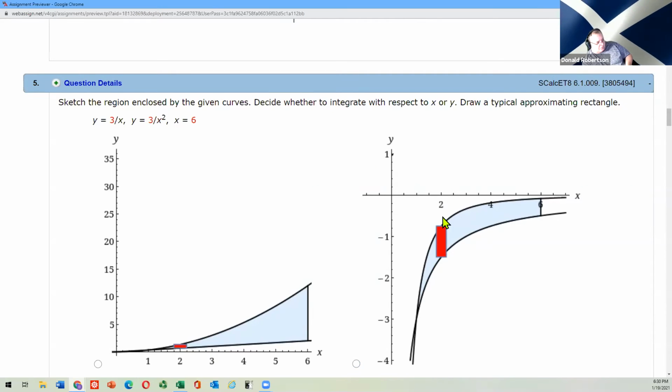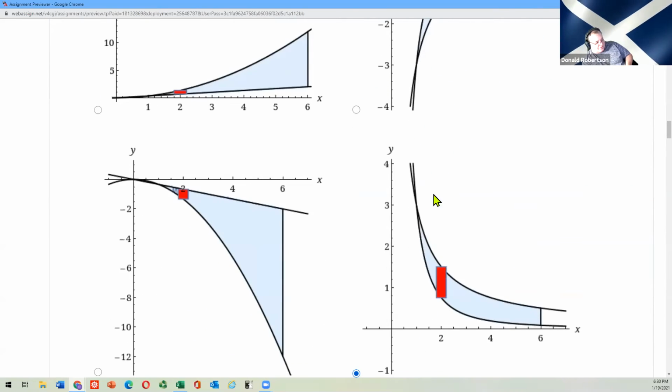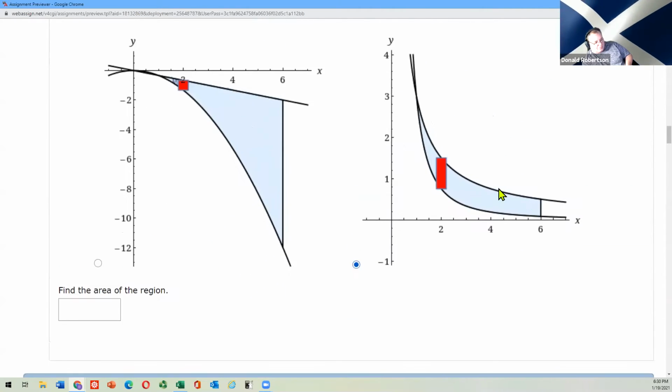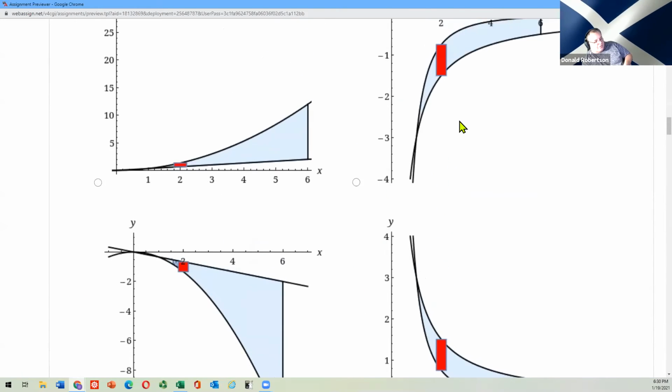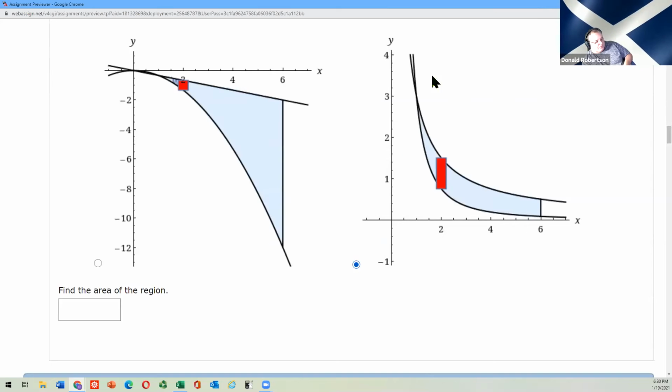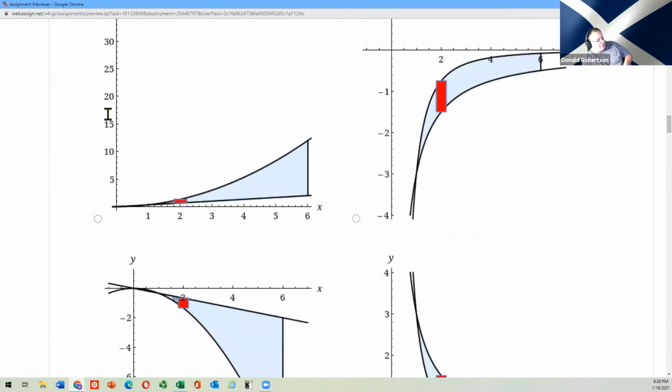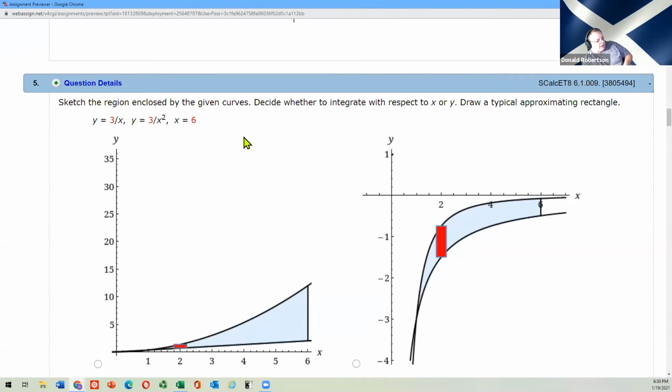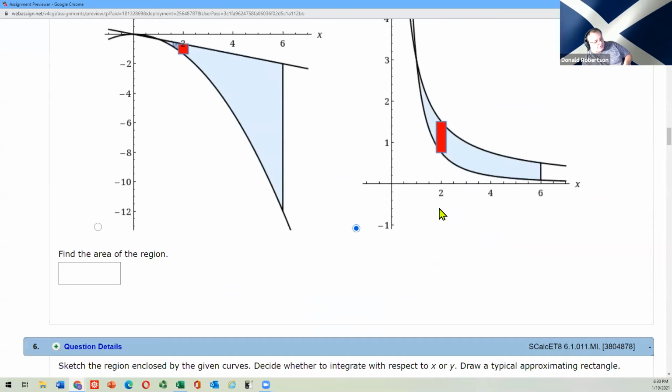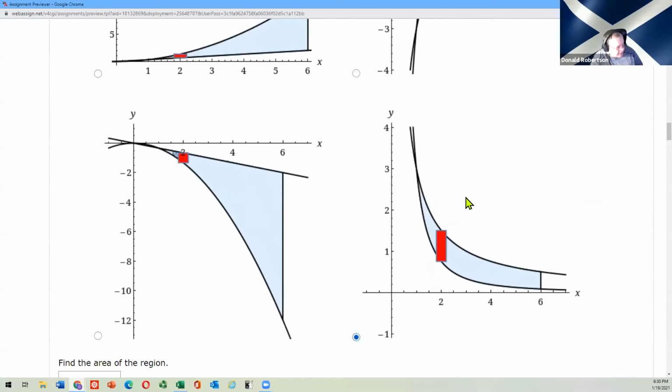Don't they get smaller? Isn't this the picture where they both get smaller? So without using my calculator, I figured out that the only one that fits the fact that these have to be positive and that these guys get smaller as you travel along the x values is this one.